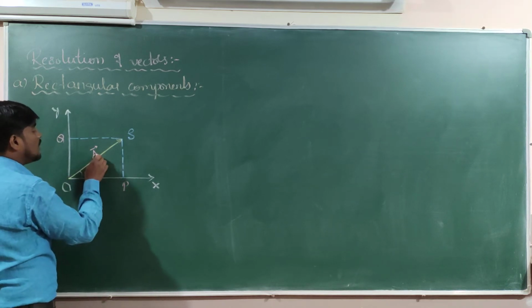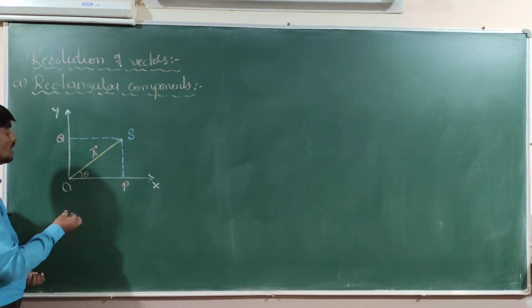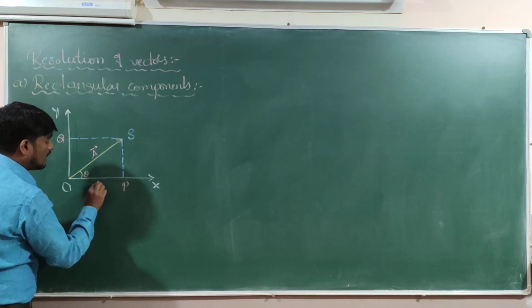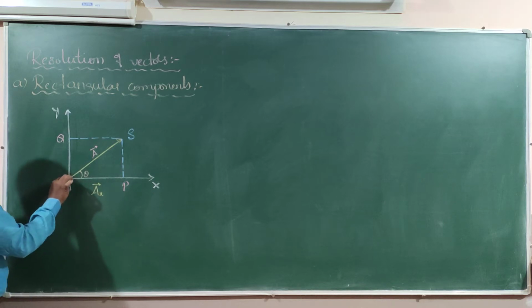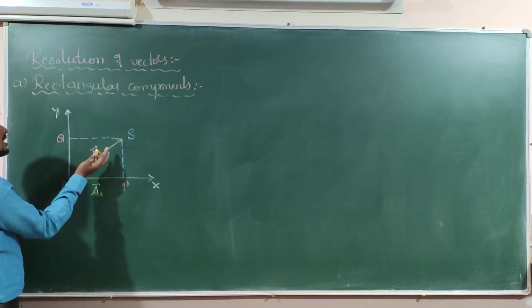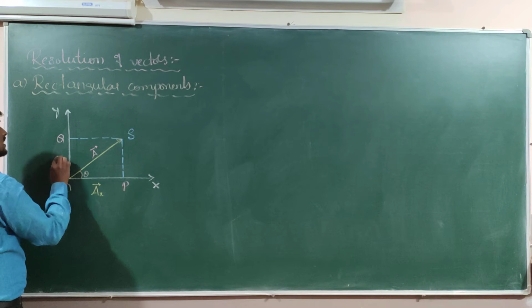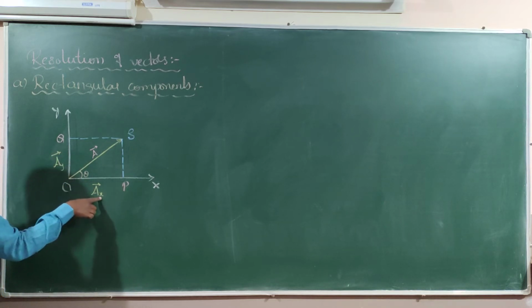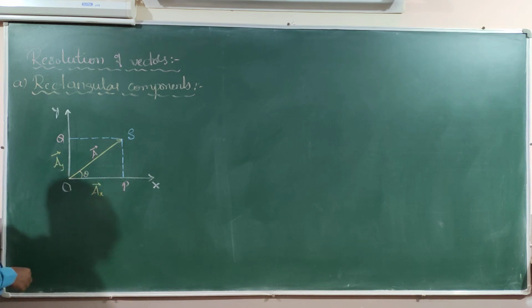Now let me name them. Because vector A is resolved along the x-axis, it is called vector AX. Similarly, vector A is resolved along the y-axis, and that is called vector AY. Please note, these are subscripts. X is a subscript, Y is also a subscript.